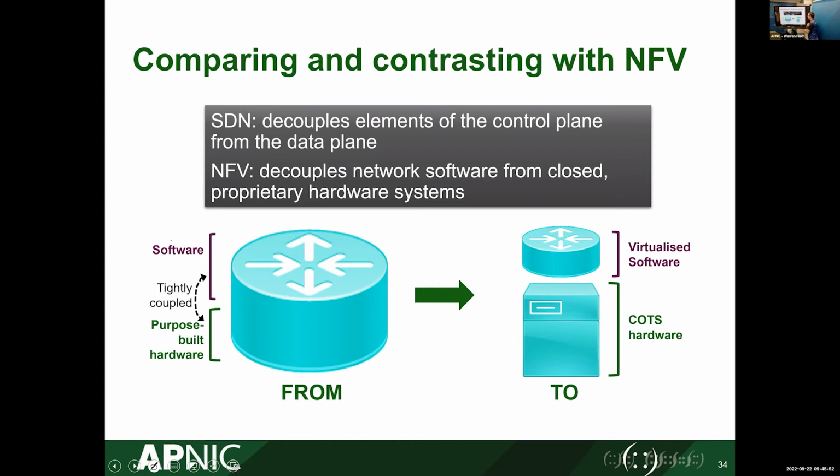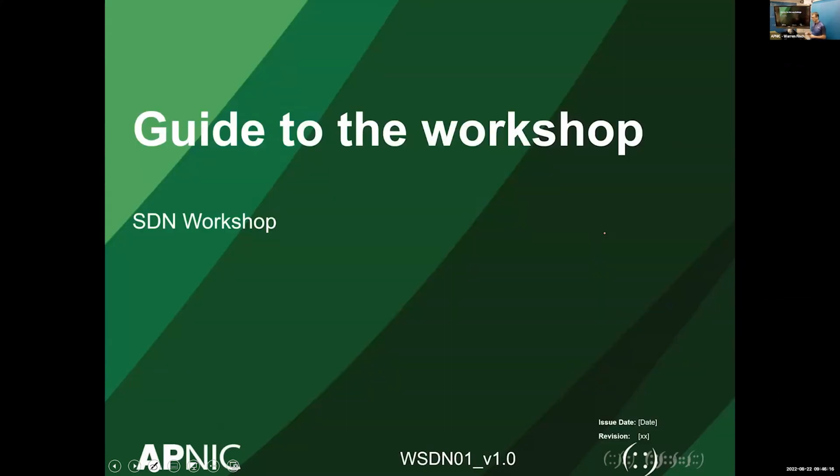We basically take it from this hardware vendor-driven software and hardware to generic off-the-shelf hardware, and then you have your virtualized software that runs on top of that generic hardware, rather than just being vendor-driven. So that you've got more and more virtualized devices.